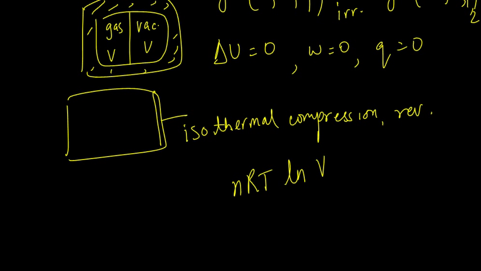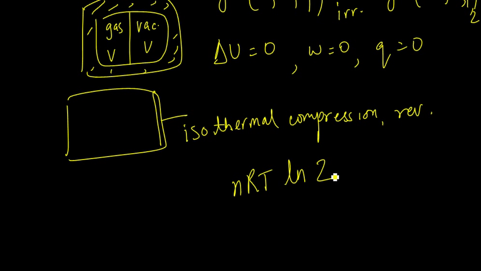In case of expansion. In case of compression, it's also minus RT log VF by VI. It's the same. Only the volumes will be different. So the final volume is V and the initial is 2V, so 2V by V.